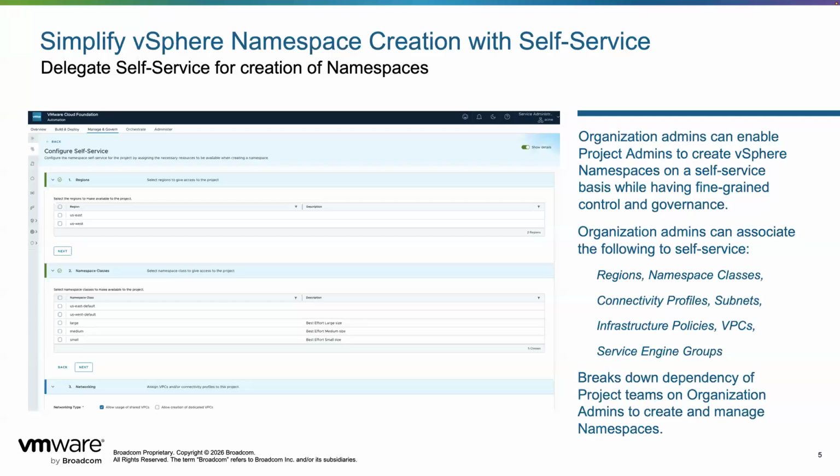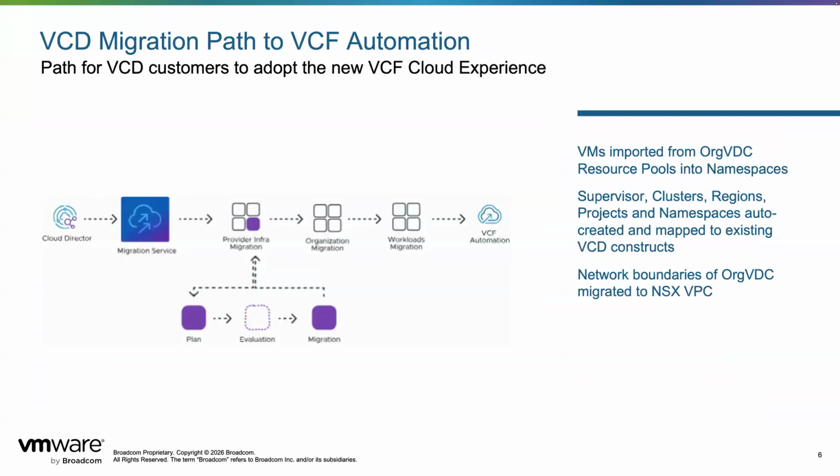Okay, so the other thing that I'll talk about real quick is just the VCD migration path. So for customers that are on VCD, vCloud Director, maybe your cloud service provider or a customer that happens to use this product for a true multi-tenant situation, because that was generally the use case, we now have a tool inside VCF Automation 9.1 that will essentially migrate some of the ORVDC and some of the networking capabilities over into VCF Automation.